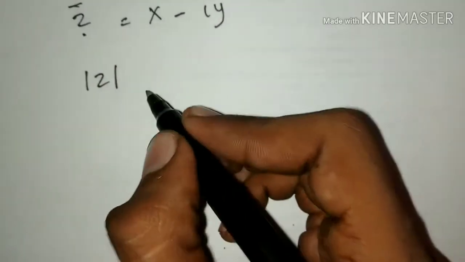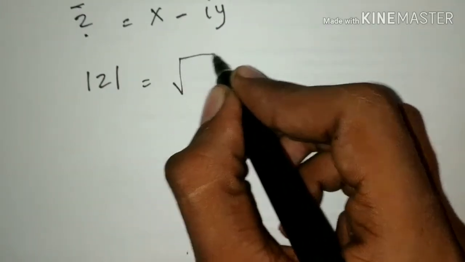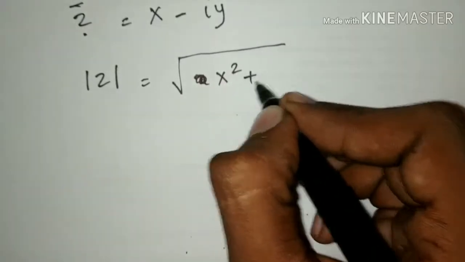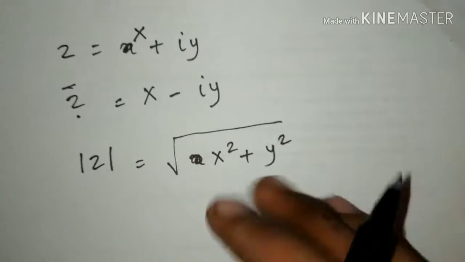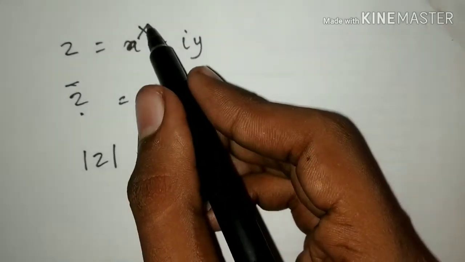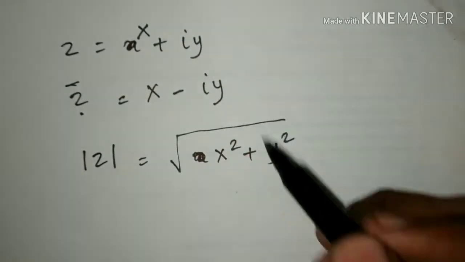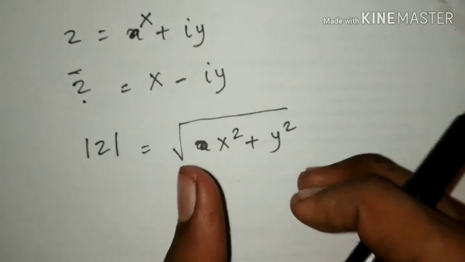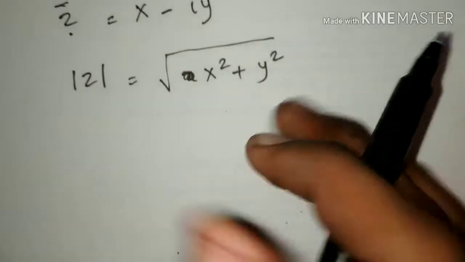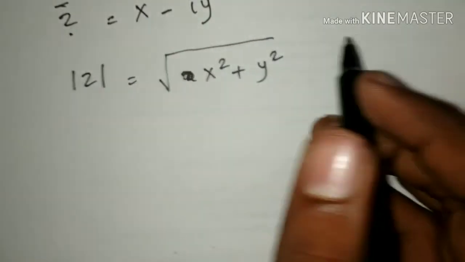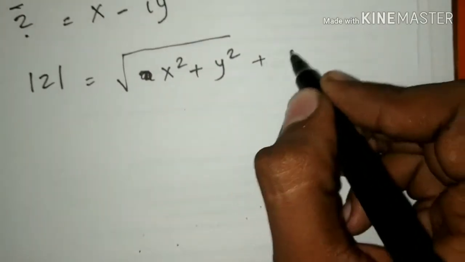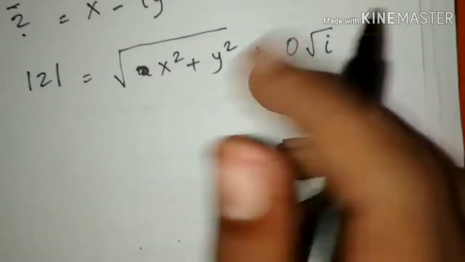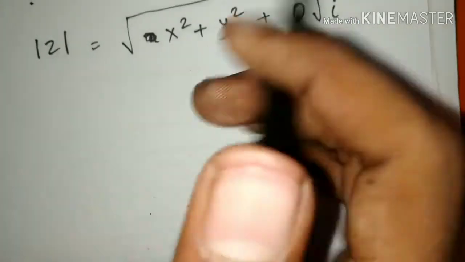The modulus is the square root of the square of the real part plus the square of the imaginary part, so it's the square root of x square plus y square. Now remember, this term is always a real number. Of course we can extend it to a complex number by writing it as x plus 0i, but it's actually a real number.